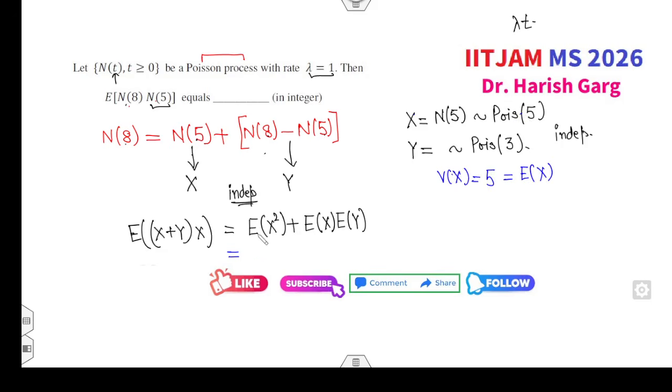Fine. So can you find the E of x square? Variance of x plus mean of x square, that is 5 plus 25, plus mean of x into mean of y, 5 into 3 is 15. तो कितना आंसर हो गया ये? 5 plus 25 plus 15, 40 plus 5, 45 is the right answer of the problem.